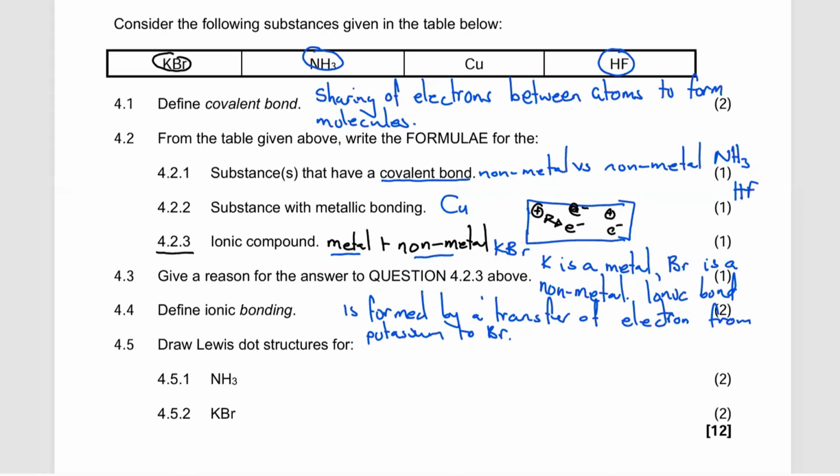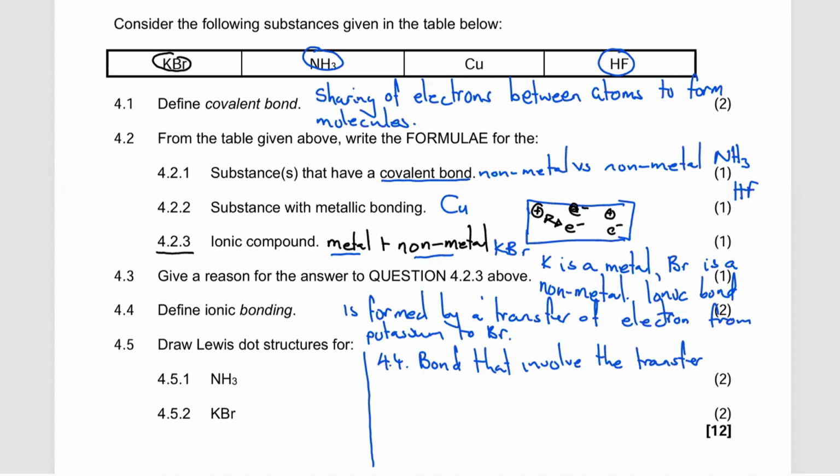Okay, then for question 4.4, our 4.4 reads: define the term ionic bonding. This is a type of bond that involves the transfer of electrons.